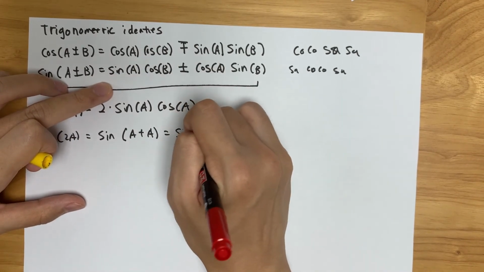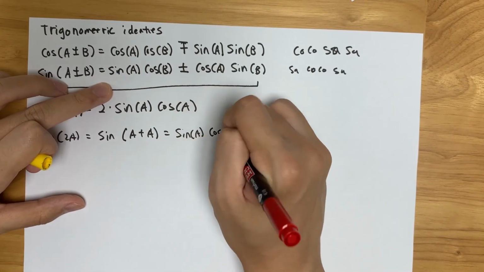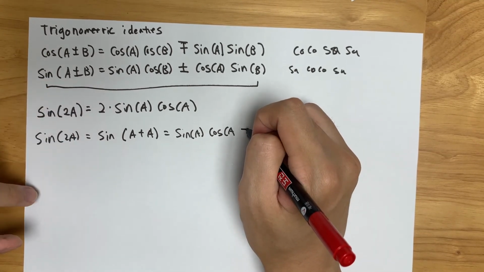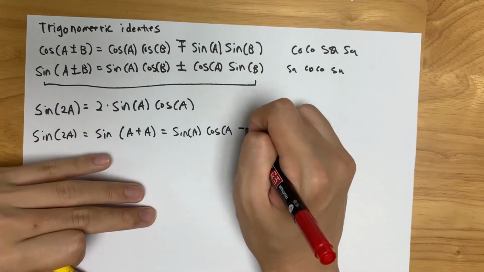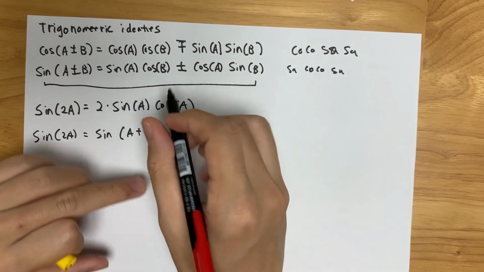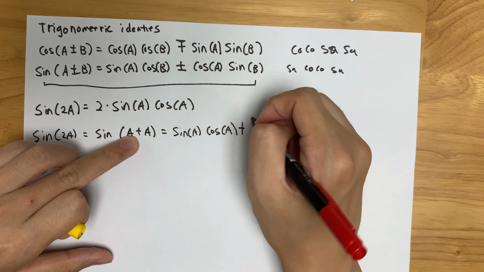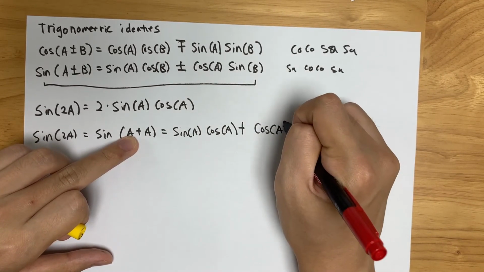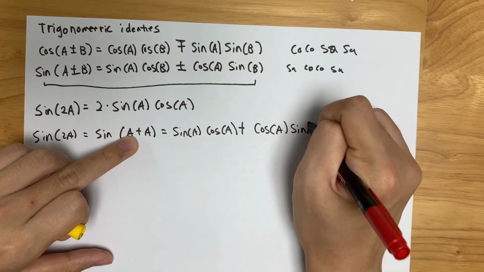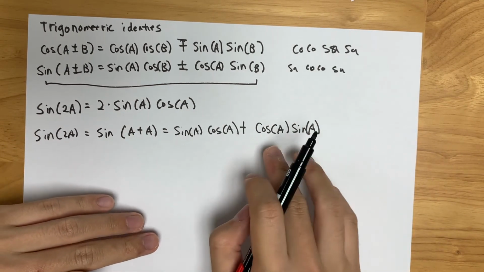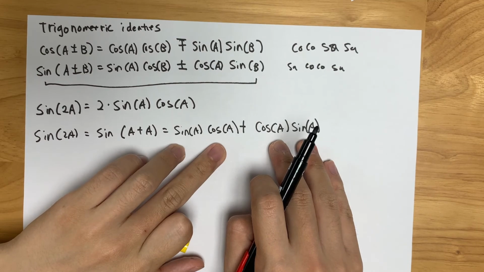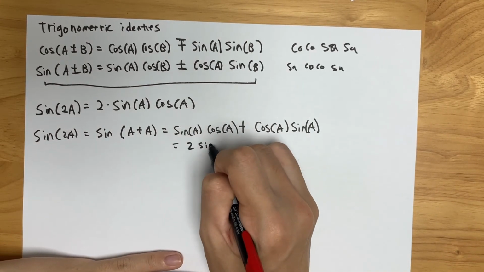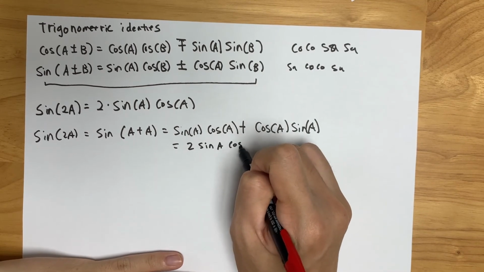It's sine a cosine a, plus, since this is plus, cosine a sine a. So we have the same thing twice, and we know it's 2 sine a cosine a.